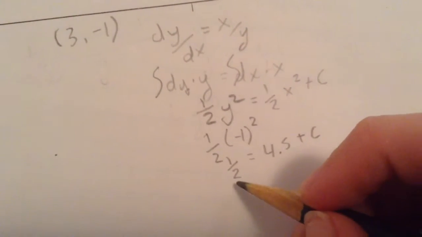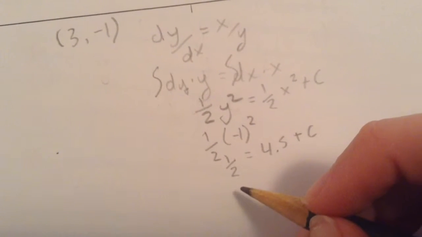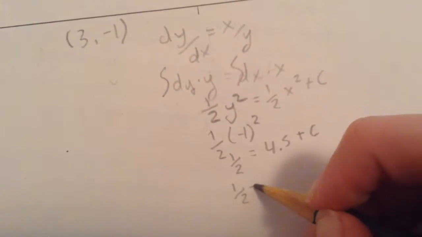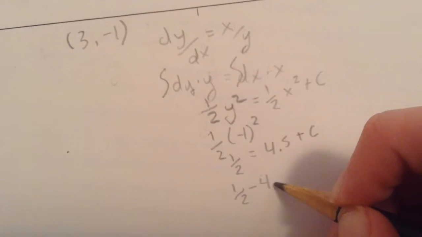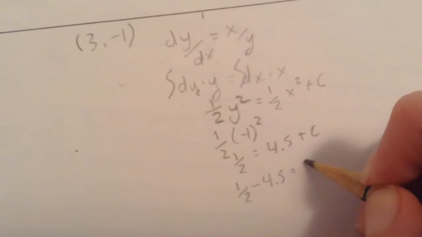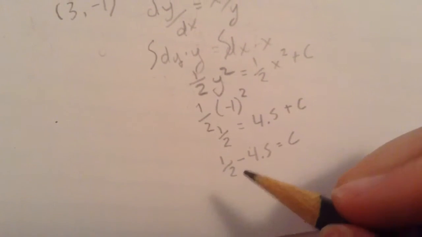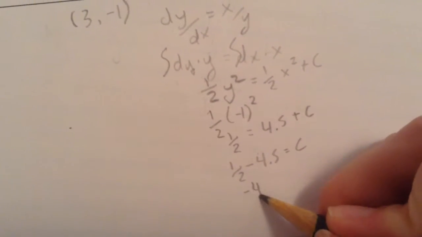And now we subtract 4.5 from both sides to solve for c, so 1/2 minus 4.5 equals c, and that gives us -4.